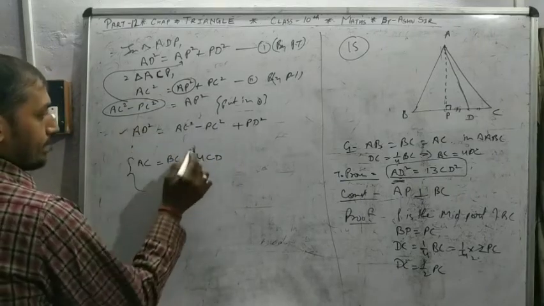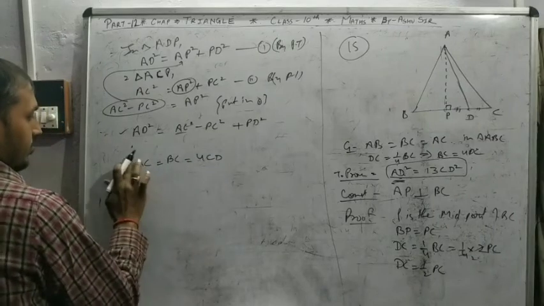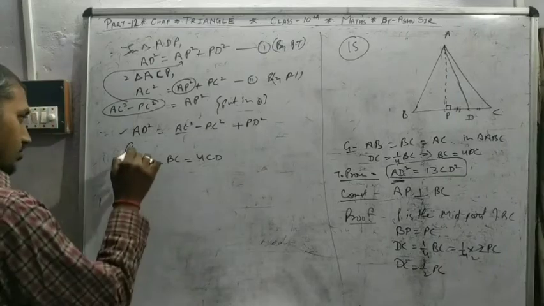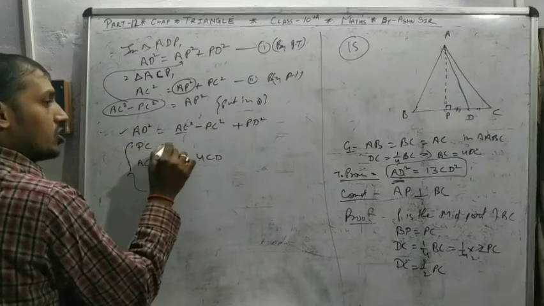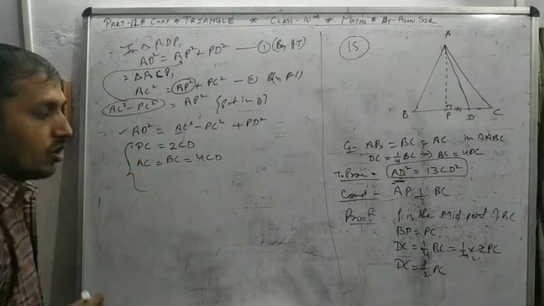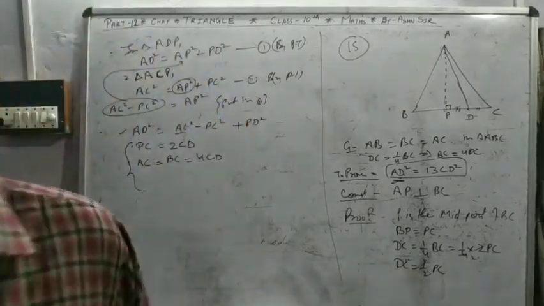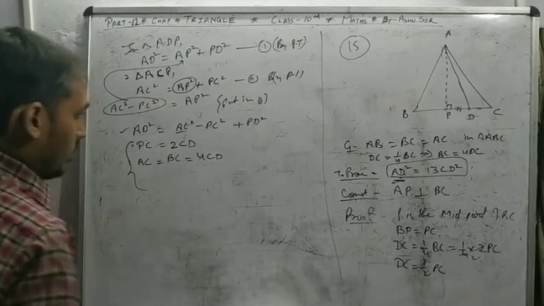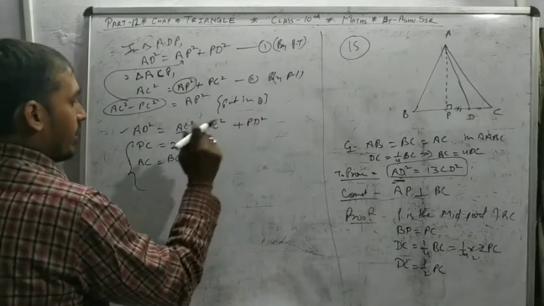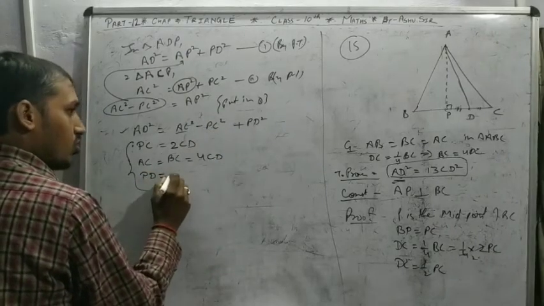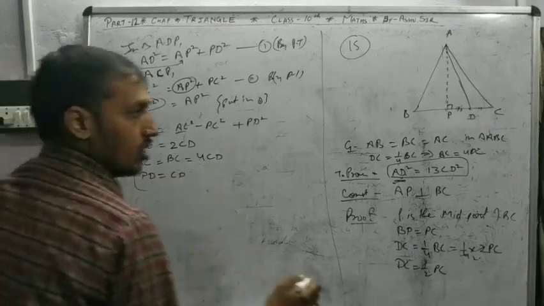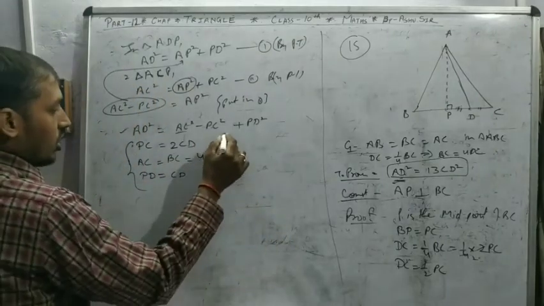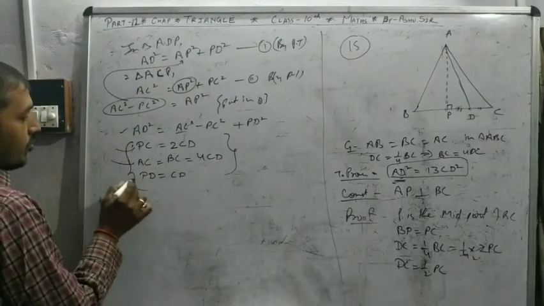So AC is replaced with 4 CD, good. PC is twice CD. We already proved that here. PC is twice CD. Then PD. PD is equal to CD because D is the midpoint, so PD equal to DC. So these three are all in terms of CD.